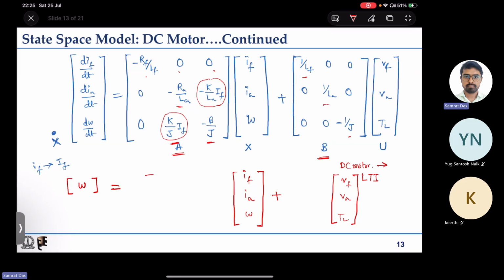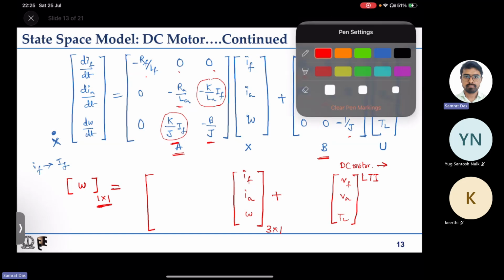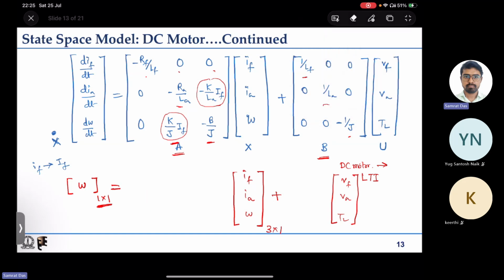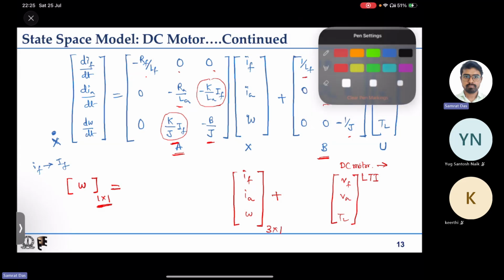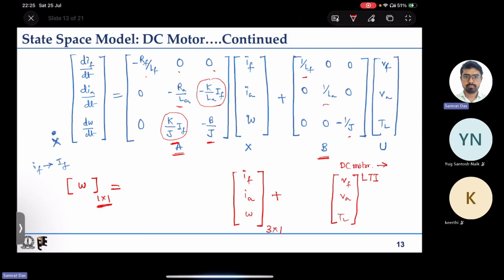So the C matrix in this case is 1 cross 3, because the state vector is 3 cross 1 and the final result has to be 1 cross 1. So the C matrix will have to be a 1 cross 3 matrix.